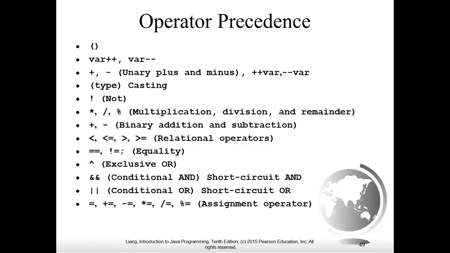And here is the operator precedence. That means something should be operated before the other thing. When we meet an expression with parentheses, we should always calculate the things in the parentheses first.